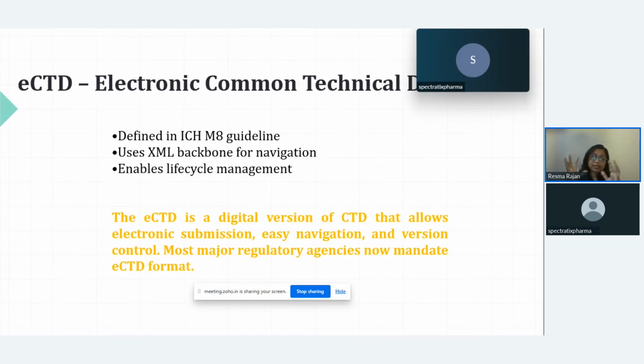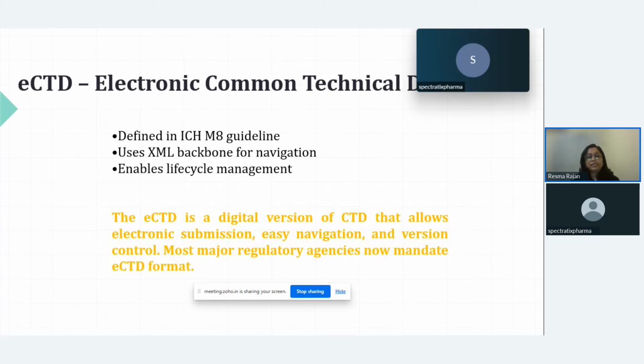That is entirely a different lecture, so that's the reason I'm not explaining it. I think it's already one hour. Okay, so this eCTD submission is very important. There are certain software tools which can help to submit the dossiers.